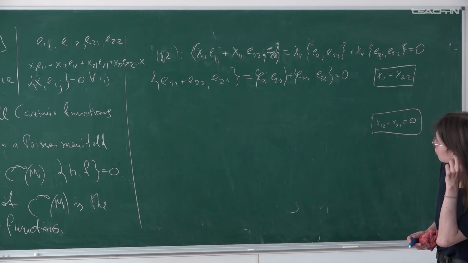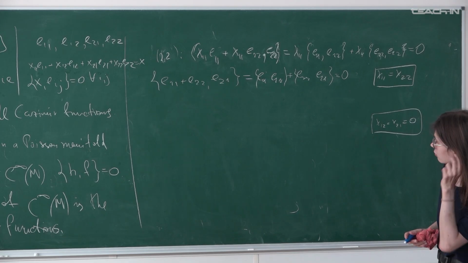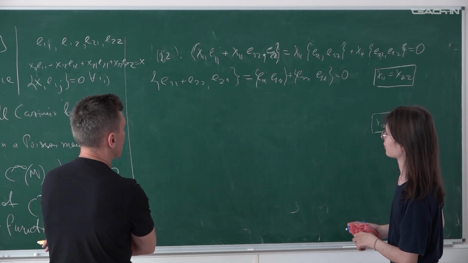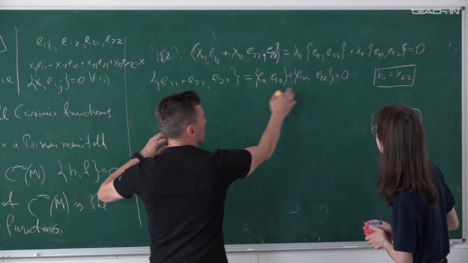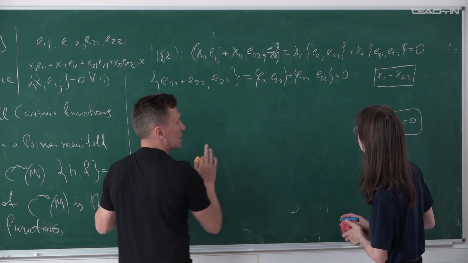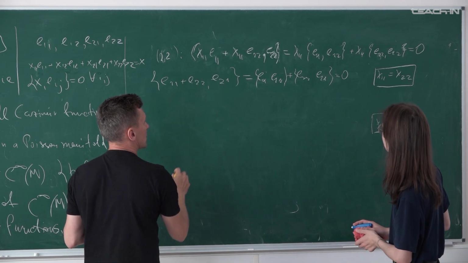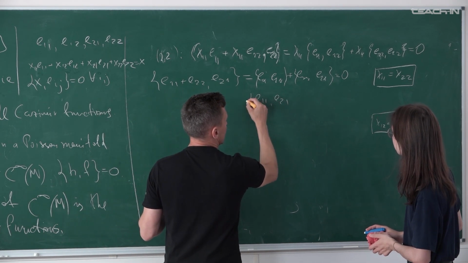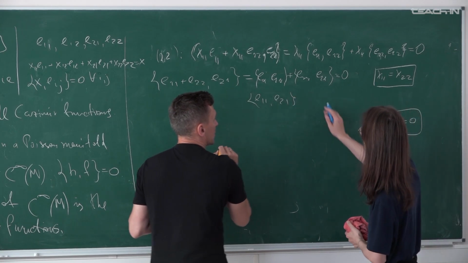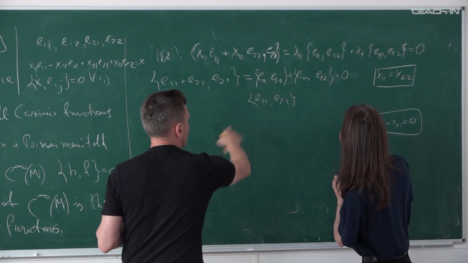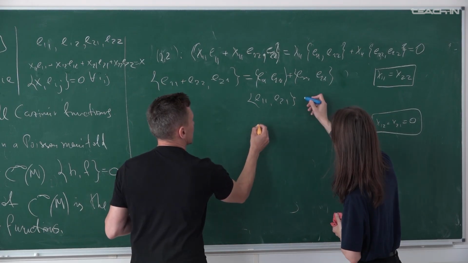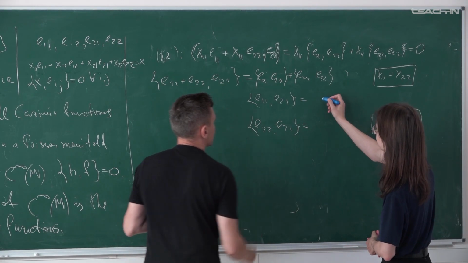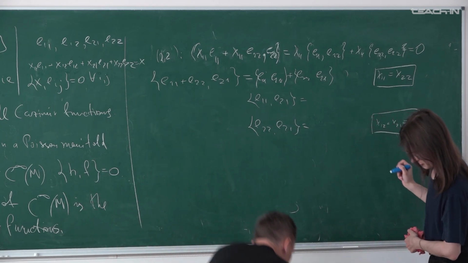Yes, but why is it 0? By definition. But they are not trivial. No, it's not. E11 with E21, and E22 with E21. It is not 0.